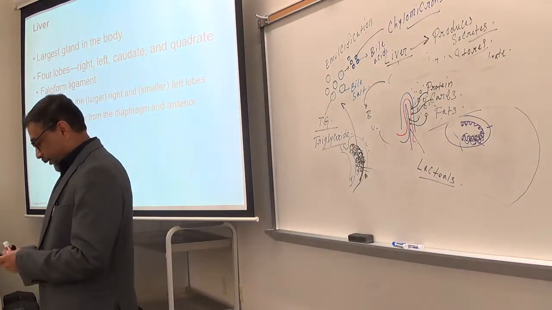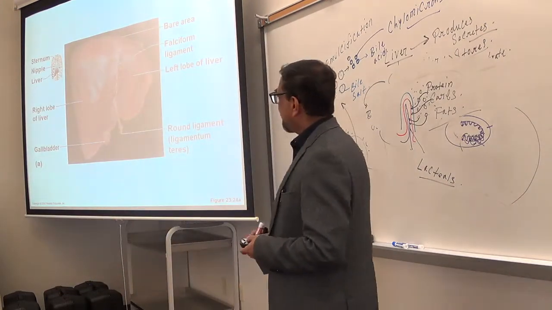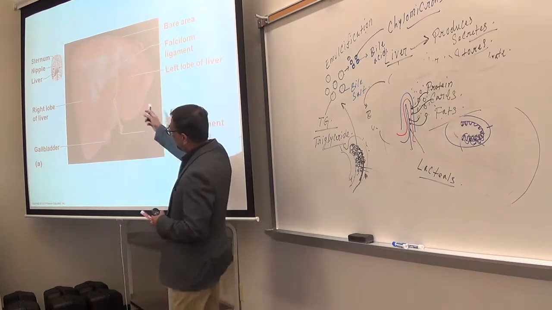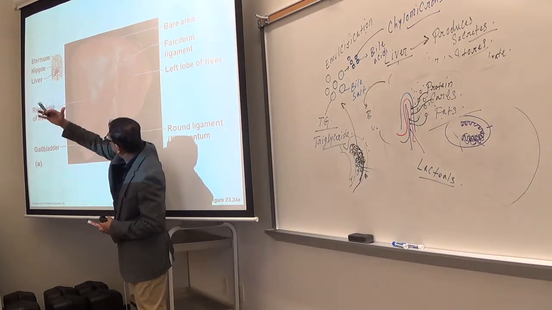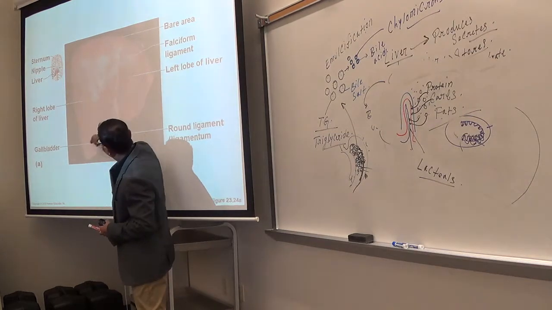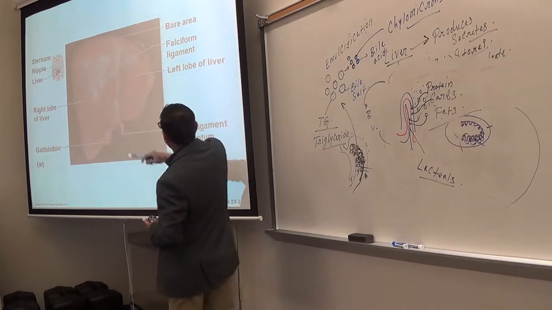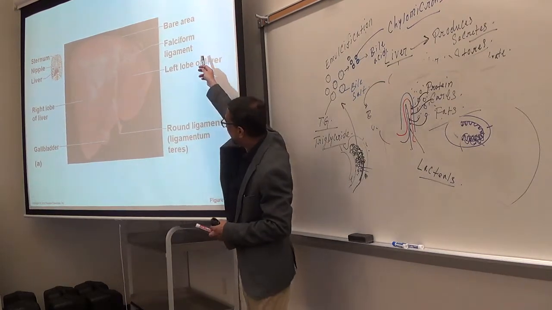Now, if you see, this is the liver. You are looking from the front and top like this. So this is the right lobe. This is the left lobe. They are separated by a ligament called the falciform ligament.